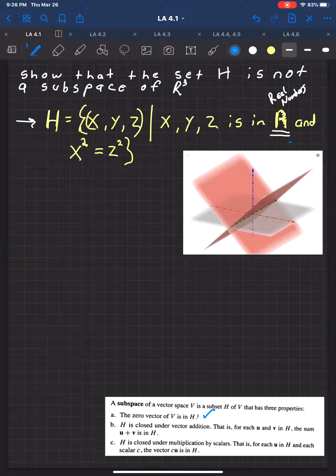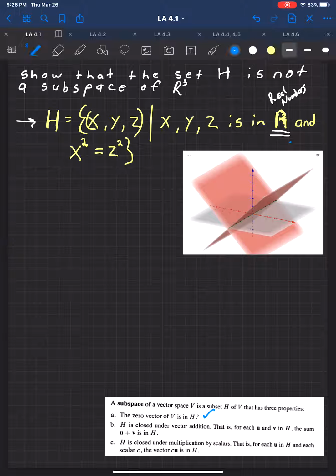But even if that weren't the case, we still could show that if x is 0, y is 0. Let me write this a little bit better.